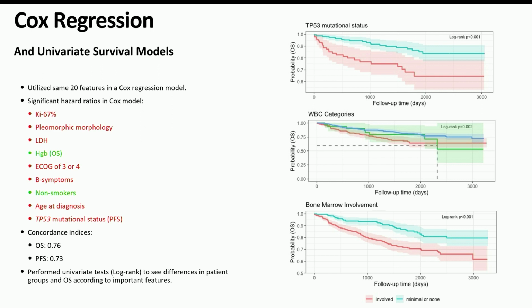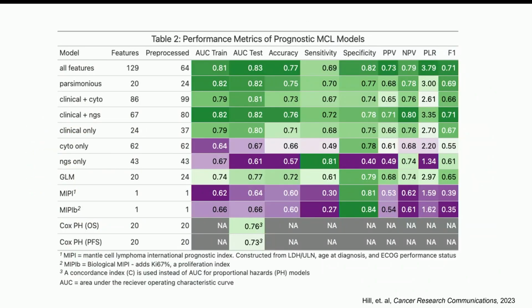And so we fit those 20 features into Cox regression models for progression-free survival and overall survival, and then also did some univariate log rank tests just to show that by picking out these features, we could do some more analysis to really show what the prognosticability of these features was.